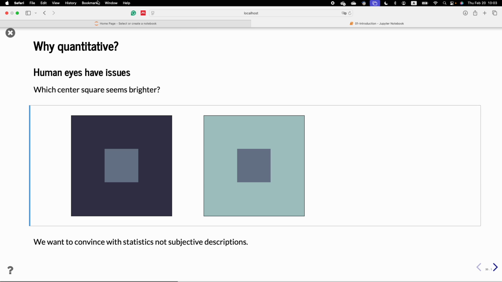No, it actually has the same intensity. That's a visual illusion, because depending on the context, the eye thinks it's brighter. But in reality, it's actually the same. And seeing that it is the same is something you can only do when you measure it.